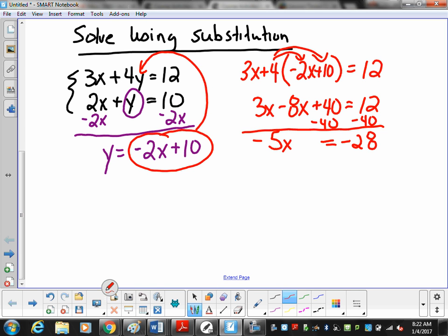Okay, now how do I finish solving for x? Divide by negative 5. So x equals negative 28 divided by negative 5 is a positive 5.6.